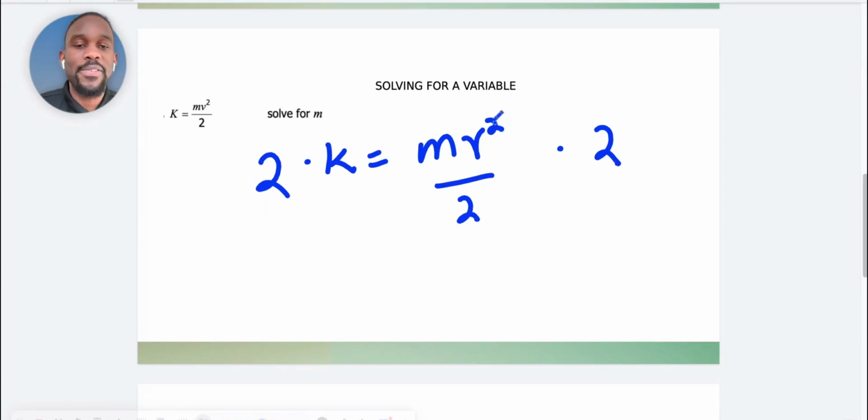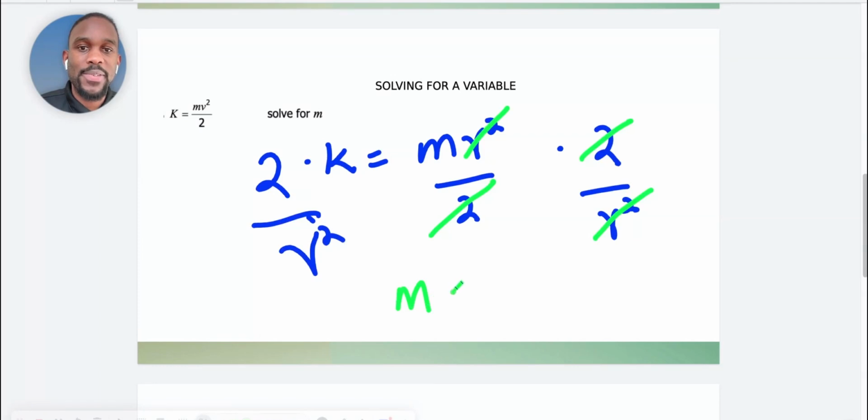However, I'll still have M times V squared. To undo the multiplication, we'll divide. So divide by V squared this side, divide by V squared this side. Here we have M being equal to 2K over V squared.